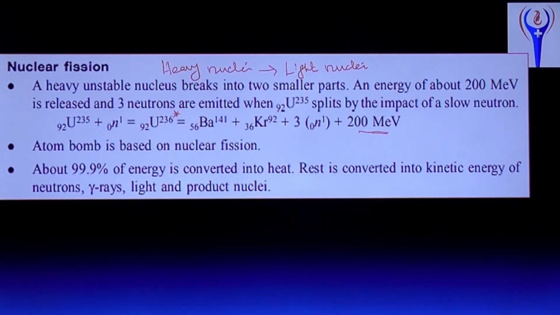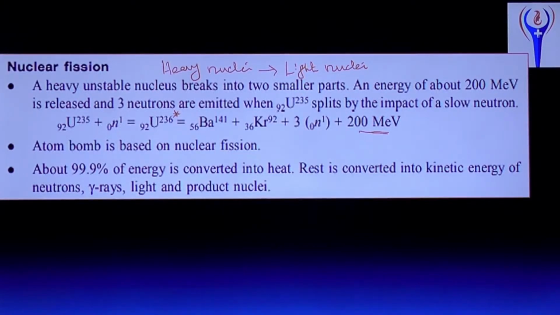So uranium, when it is bombarded with a slow neutron, becomes barium and krypton: splitting of the heavy U-92-235 nuclei into lighter barium and krypton nuclei. Therefore, it is a nuclear fission reaction, and the atom bomb is based on nuclear fission.